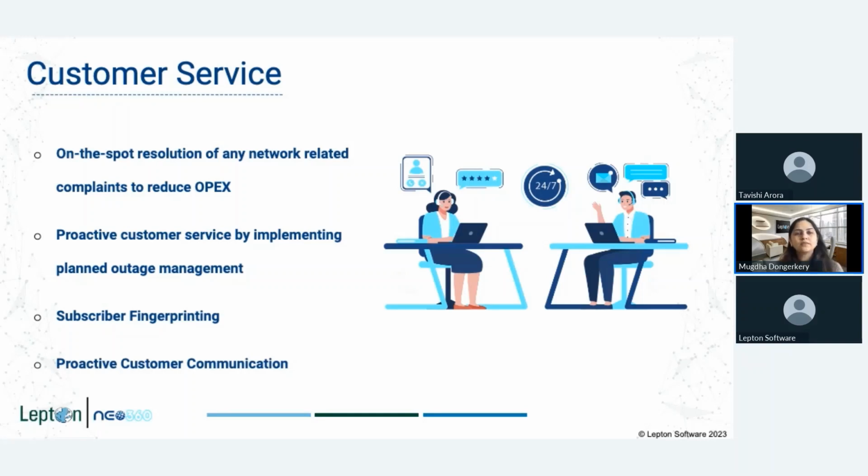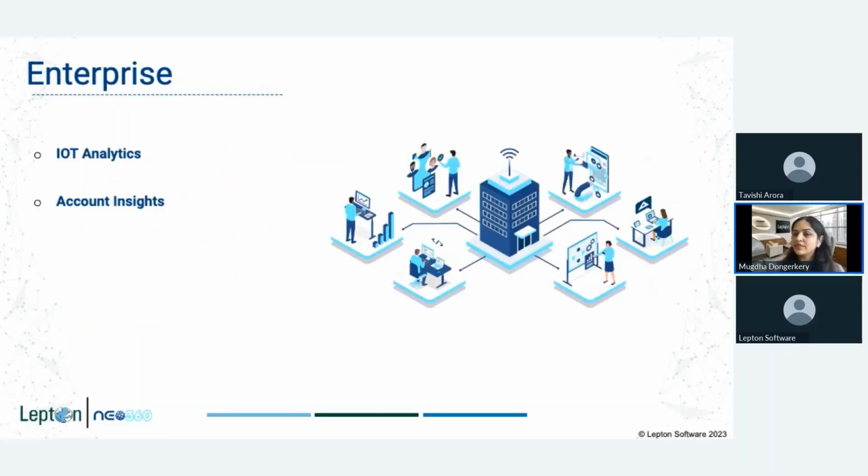Okay, enterprise, as I said, IoT analytics is a very powerful use case for enterprise, wherein first is IoT feasibility on the spot that we discussed in the network slide. Secondly, in IoT, there are so many sensors, so much data getting ingested in the IoT database. So using that data and correlating that with the network is something that Neo 360 can do for you. It can create dashboards for you. It can create alerts.